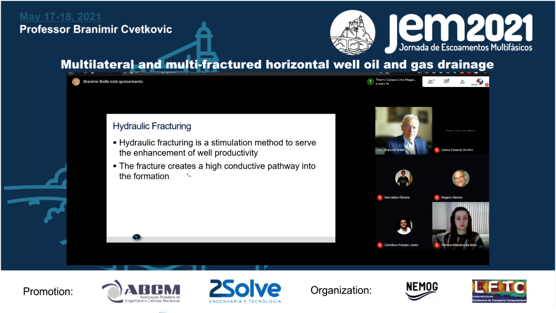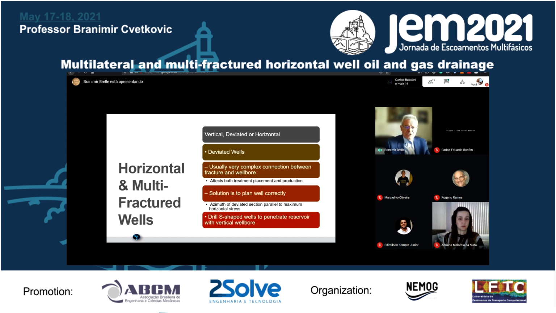So hydraulic fracturing is a stimulation method where we are trying to improve the production by introducing fractures. The fracture creates a high conductivity pathway into the formation. That's all. So horizontal and multi-fractured wells. Of course, we are talking about vertical deviated or horizontal deviated wells. Usually a very complex connection between fracture and wellbore appears.